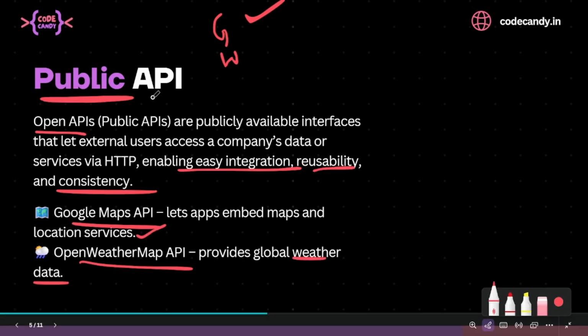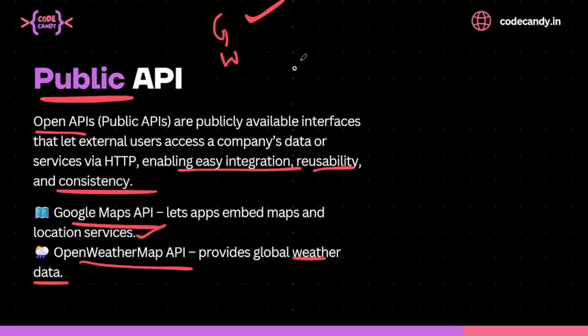Why is it called public? Worldwide, if the Hyderabad latitude and longitude are this, throughout the world, whether the Earth is rotating this side or that side, it doesn't matter. These Hyderabad coordinates are consistent, right?